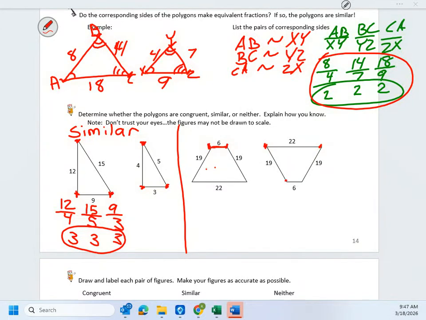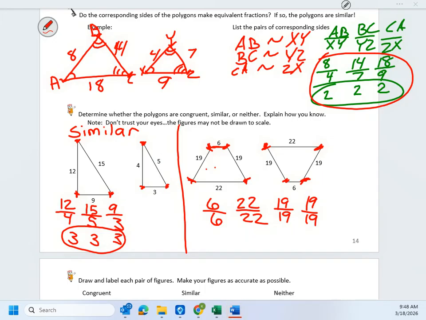This corresponds with the short side over here, right? Short side to short side. So I have a 6 over a 6. Well then, if I had to flip it down to match it up, that means this long side corresponds with this long side, which is 22 over 22. And then my slanty side matches up with my slanty side, 19 over 19. And this slanty side matches up with this slanty side, so that's another 19 over 19.